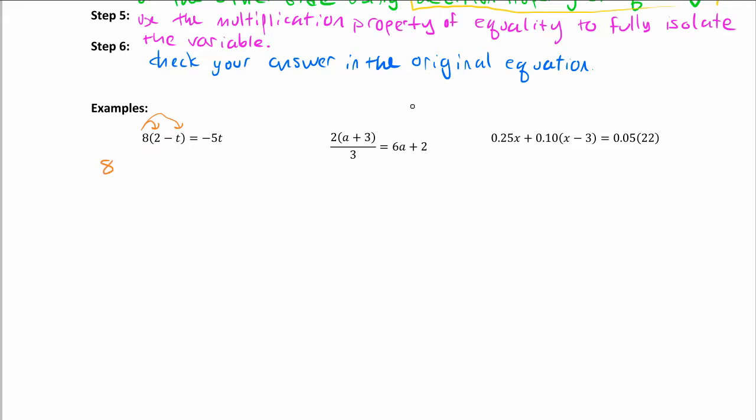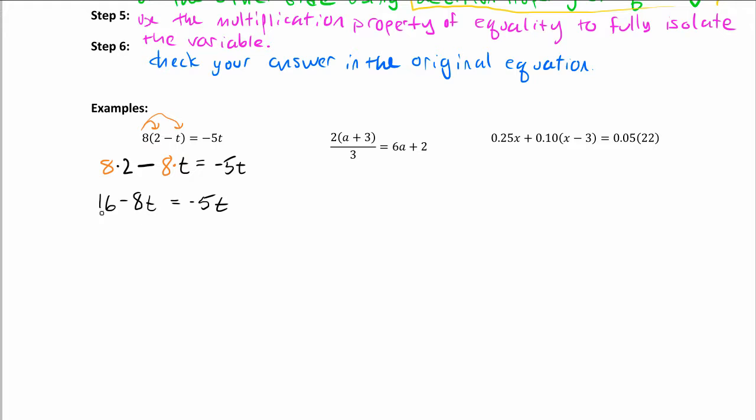I have 8 times 2 minus 8 times t, and that is equal to negative 5t. Now I'm going to simplify this whole thing. 16 minus 8t equals negative 5t.